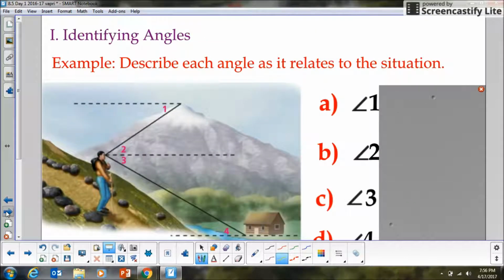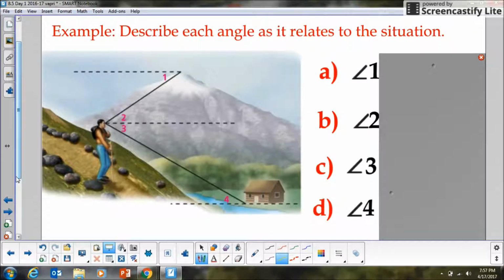Let's go to some examples here. I have 4 examples. This gentleman is looking up, and somebody from the top of this mountain is looking down. Angle 1, angle 2, angle 3, and angle 4. We have 4 angles here. So let's see if you can figure out which angle is what kind.